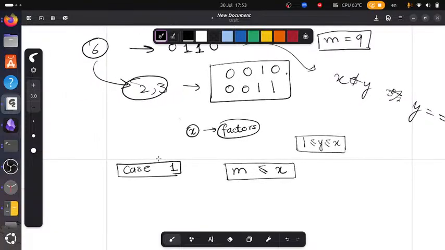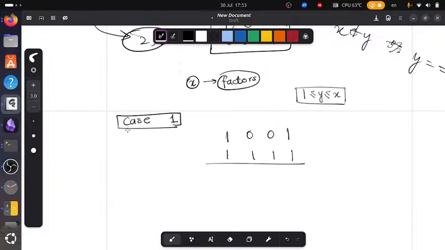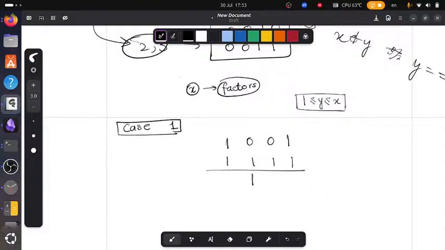So in this case, we're going to have stuff like, let's say I have a number such as 1001 and I XOR it with, let's say, 1111. What happens? The number that comes out is 1100.